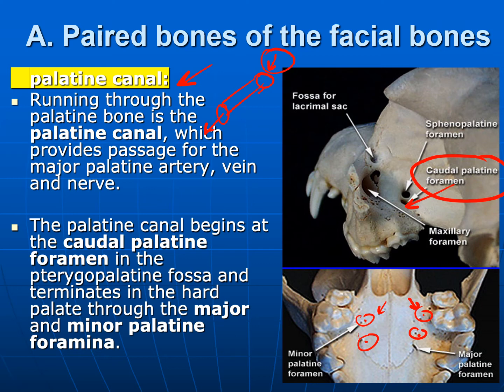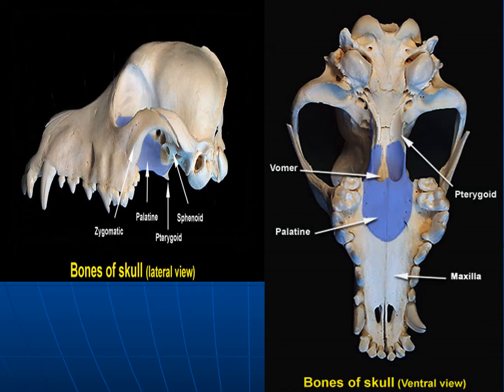This is a very important structure because, as I said, it begins at the caudal palatine foramen and passes through the major and minor. Sometimes they call it palatine foramen.